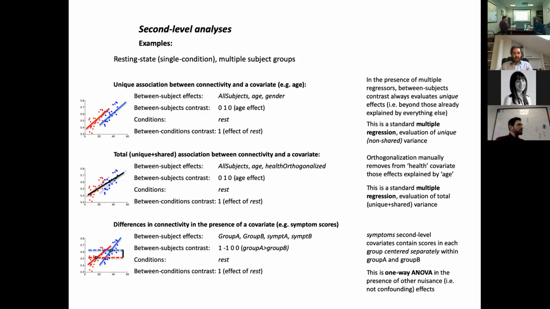But I could allow our FL design definitions to have some keyword like orthogonalize, so that instead of entering health, you enter orth health age, for example, and that means health orthogonalized by age, or there are scripts to do that for you.